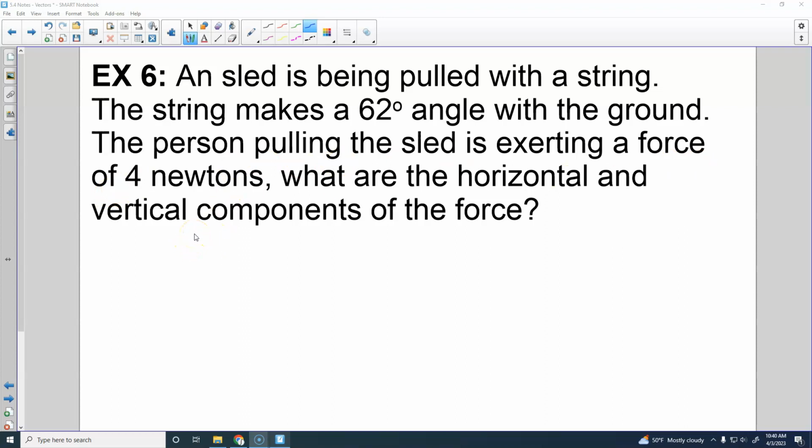So if you were analyzing this situation, it would be very important for you to know this. I have just done a sled being pulled by a string because I felt like that was something everybody could picture and was pretty familiar with. Probably when you're pulling a sled across flat ground, you're not thinking too hard about forces and angles and vectors, right?